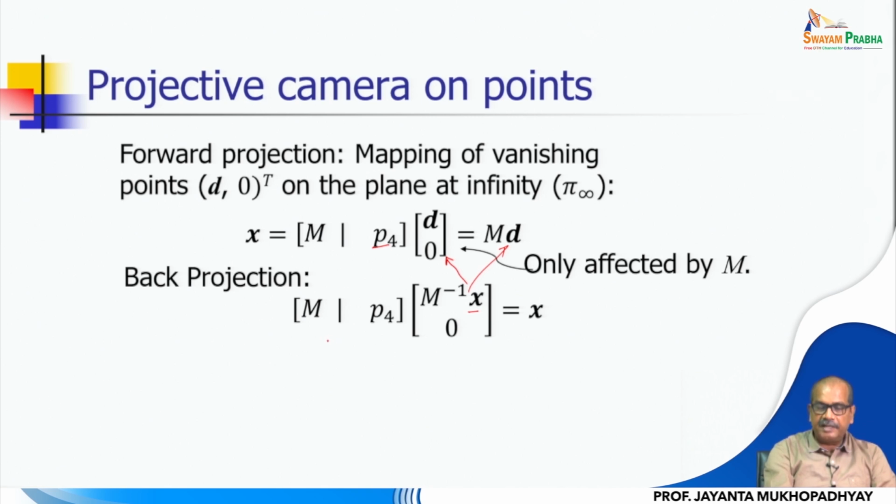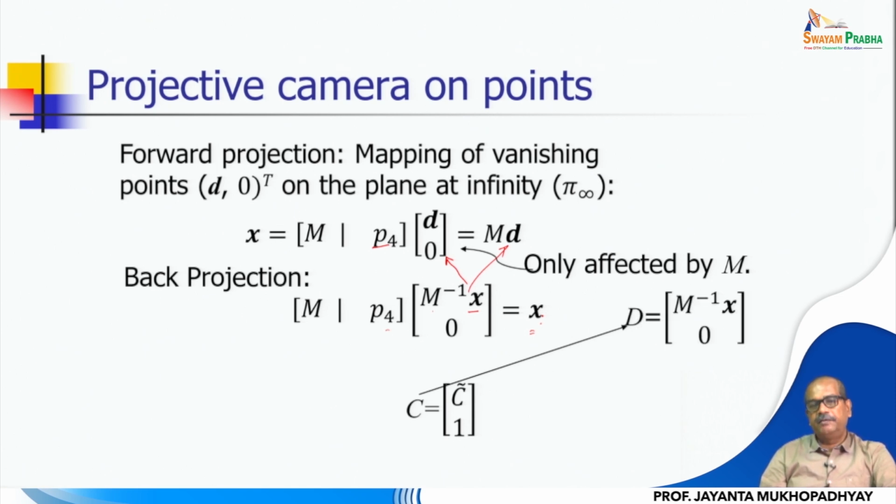You can also see from simple matrix algebra that if I perform this multiplication, I actually get back the x, because M into M inverse x is x and P4 into 0 is 0, so it gives me x. So this is the scenario, as I was mentioning: you have the camera center on that line, and you have a point at infinity along this direction, which is the M inverse x direction.